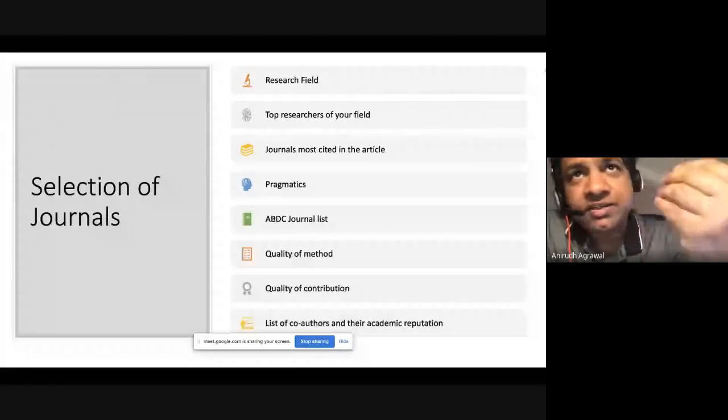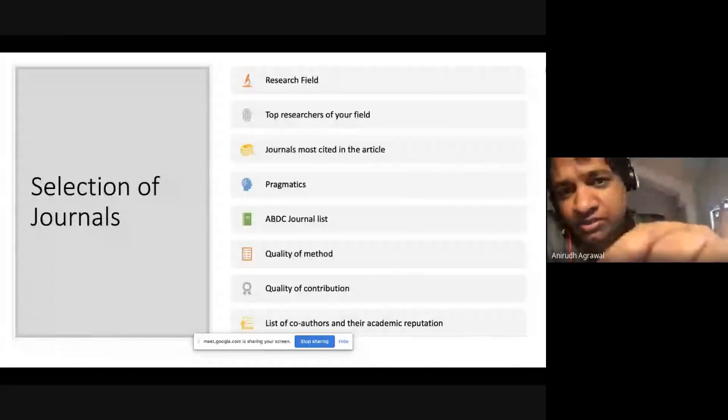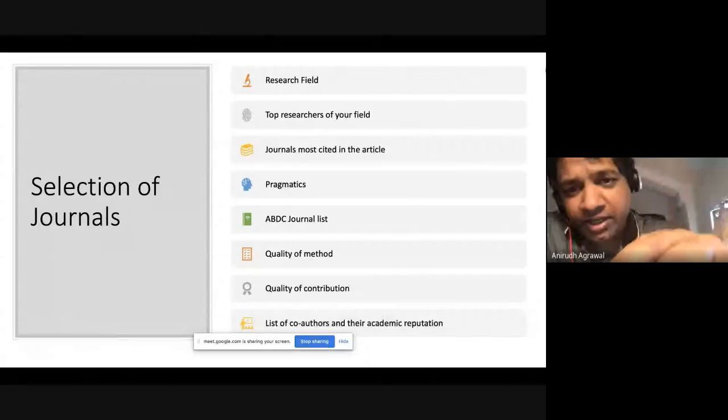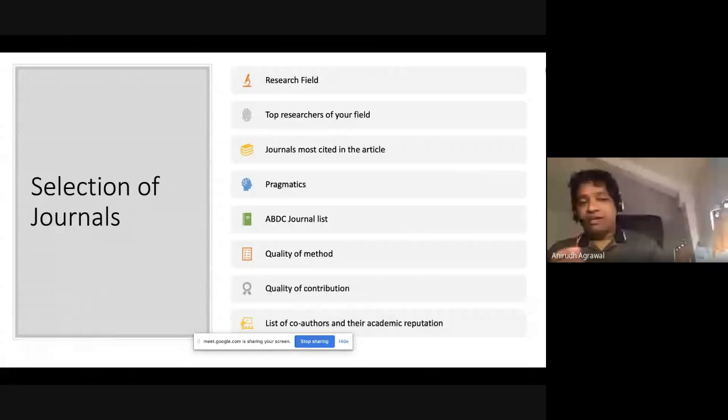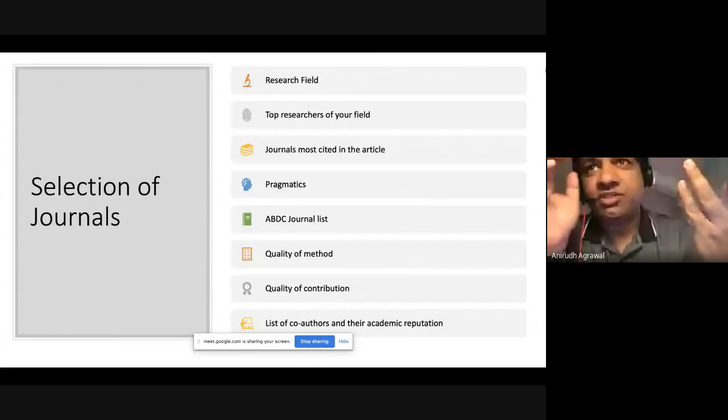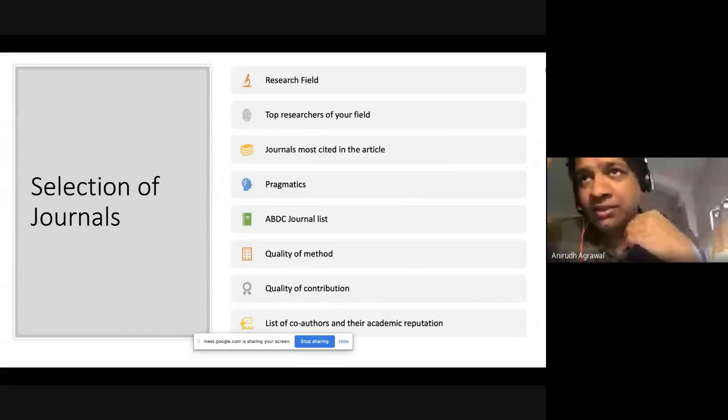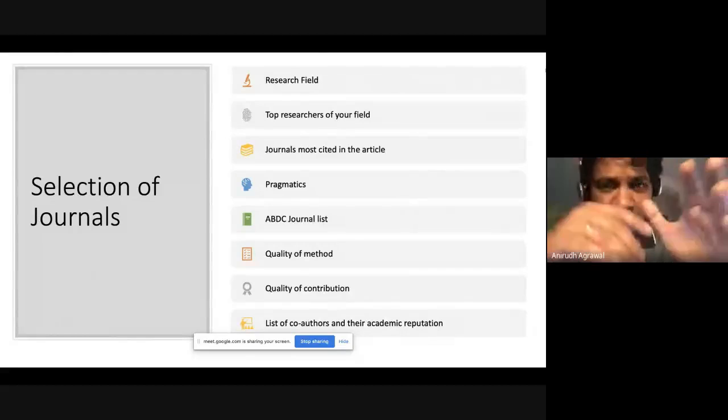Every article cites certain journals, so you need to know what journals these articles are citing, and then based on that you select your journals, your field, top researchers. It is highly likely everyone wants to, and that should be your goal when you write a research paper. You should always aim for the top, and then you slowly come down, and that's the game you play.